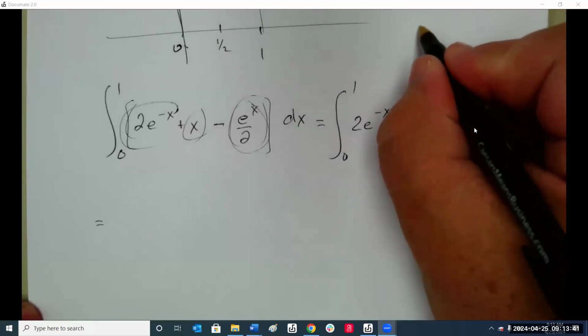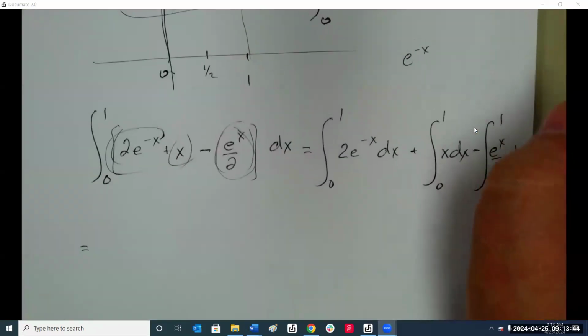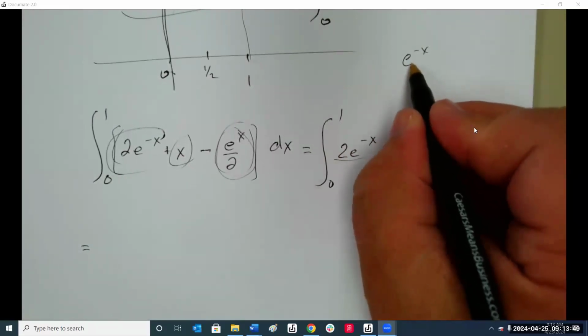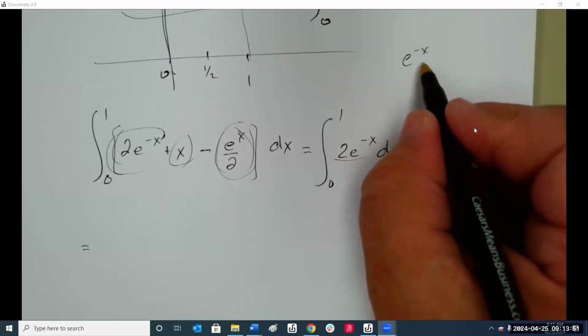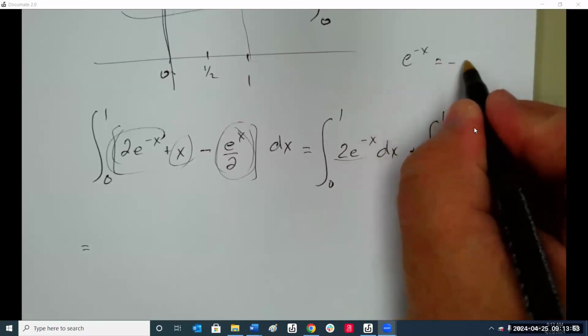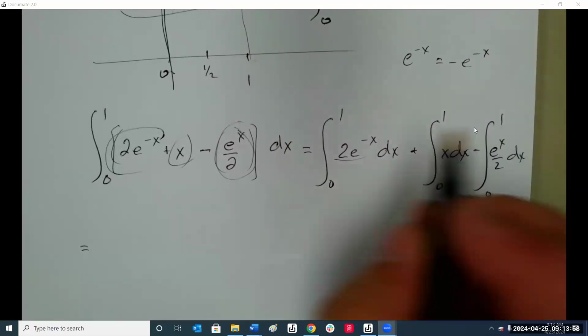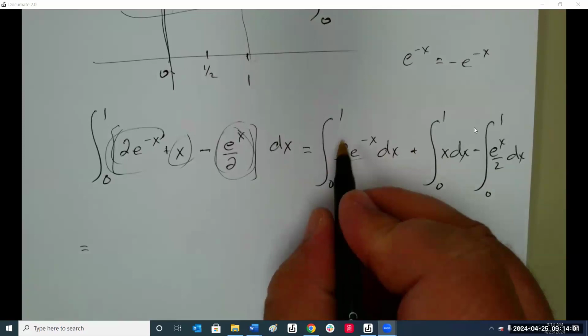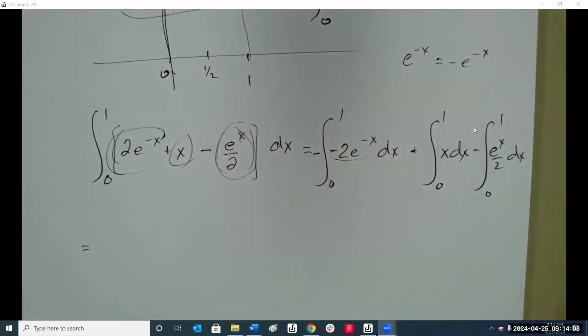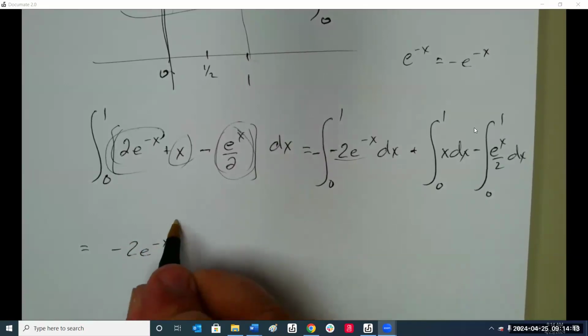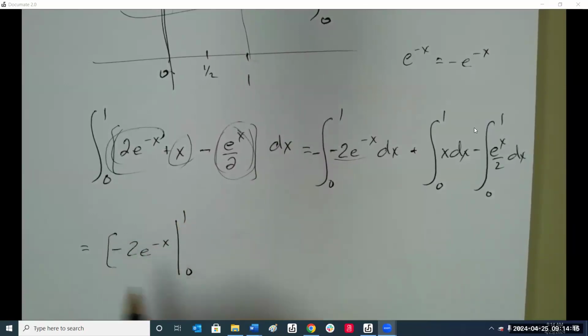Remember, this is the derivative. What's the derivative of this? Does this have a negative? So it needs a negative. So the first one is negative 2 e to the power negative x, from 0 to 1.